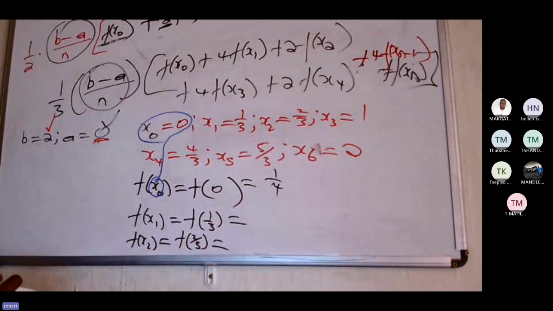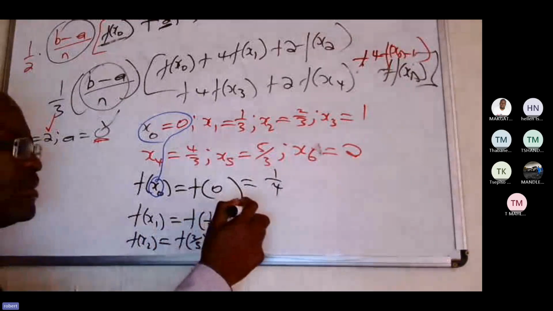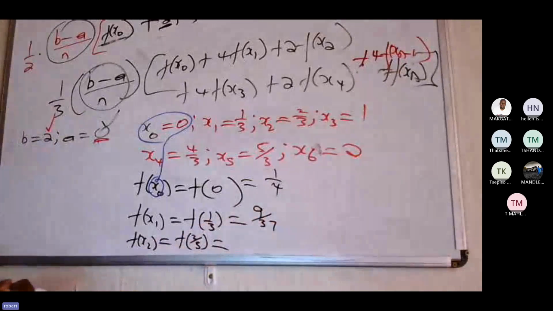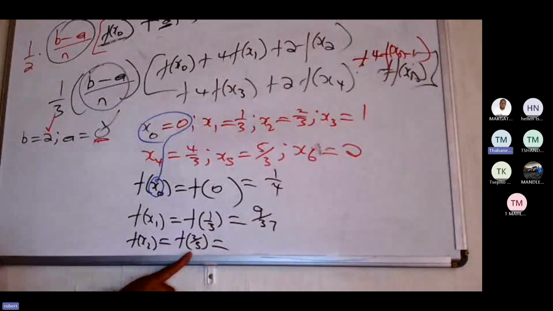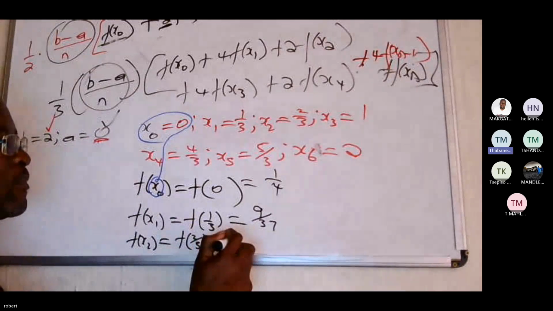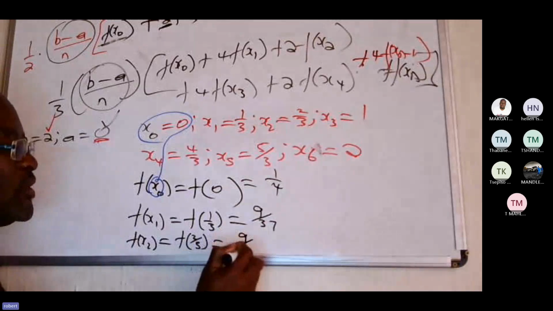Zamat, you said it is 9 over 37. Yes, sir. What about f of x2? Remember, we're still replacing x by this in f of x, being 1 over 4 plus x squared. What is the answer? 9 over 40.